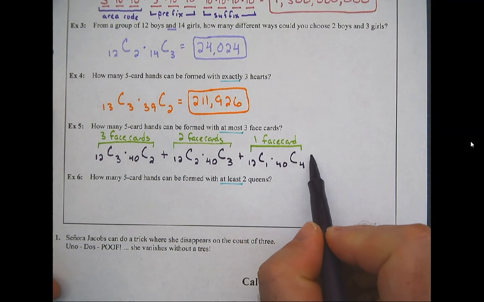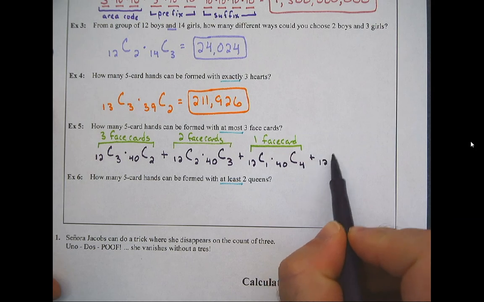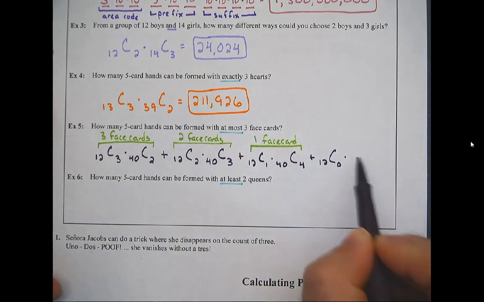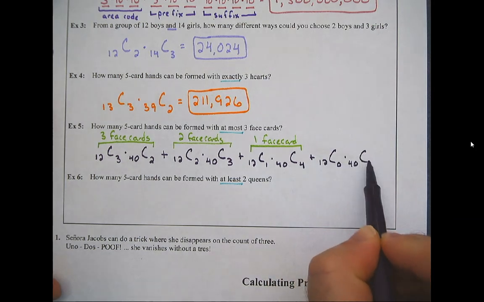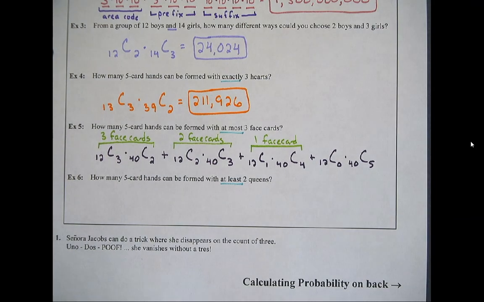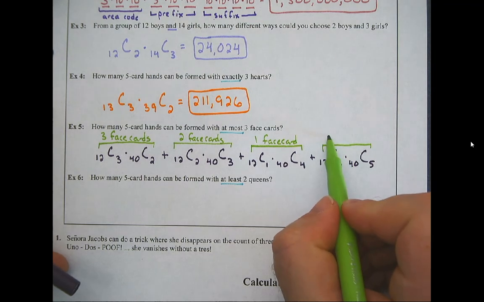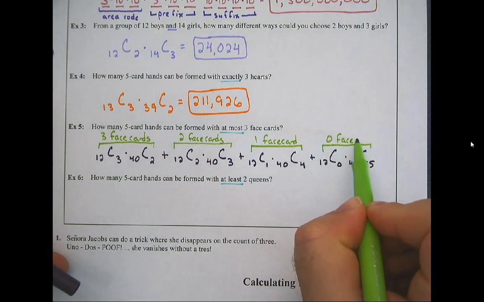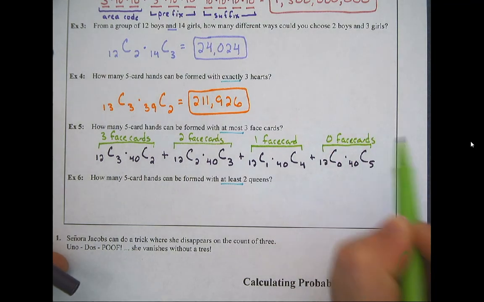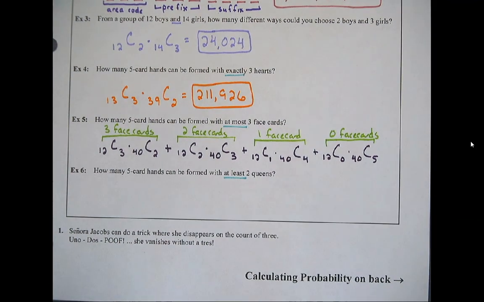So, or I could also pick 0 face cards. 12 choose 0, and then I would pick all 5 of my cards from the group of non-face cards. This section would represent 0 face cards. So we have accounted for all the different ways that you could have at most 3 face cards.